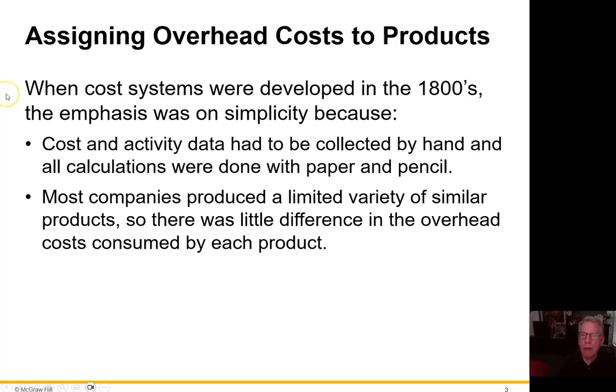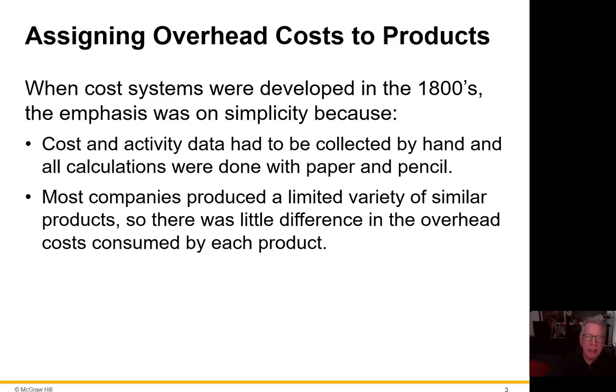So when the cost systems were developed in the 1800s, the emphasis was on simplicity because of a couple of things. One, cost and activity data had to be collected by hand, and all calculations were done simply on paper and pencil. And most companies, too, produced a limited variety of similar products.